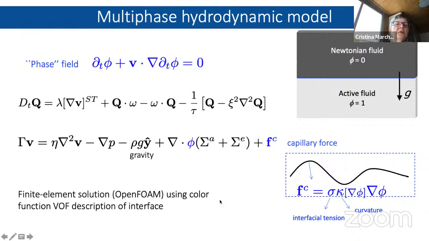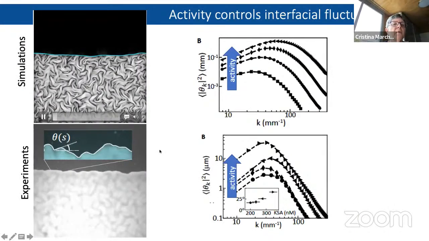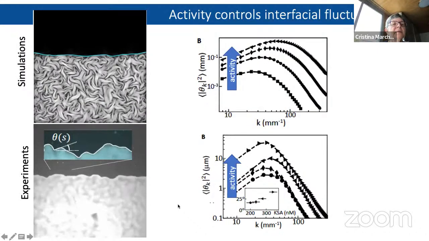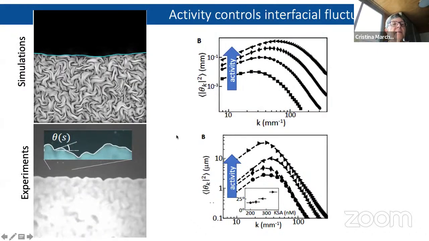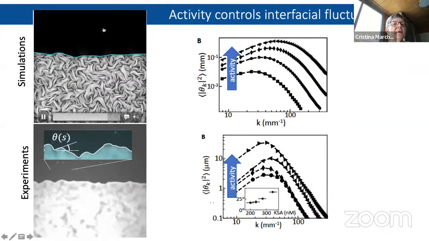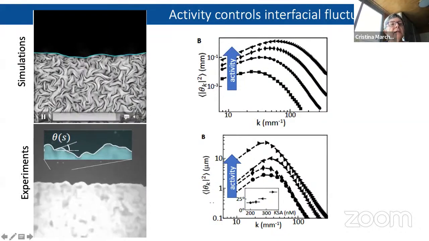And when we do this, if we compare, so here are our simulations and here are the experiments, we see a very similar dynamic. So here's the active fluid, above is the passive fluid, and here is the interface.